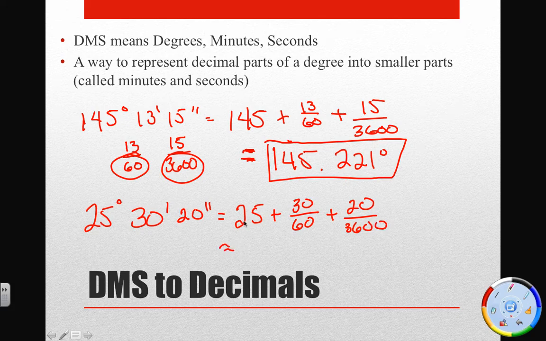We do some quick math on our calculator: 25 plus 30 divided by 60 plus 20 divided by 3600. And we get 25. Again, we should know that because the degrees has to be the same. It's the decimal part that we're getting.